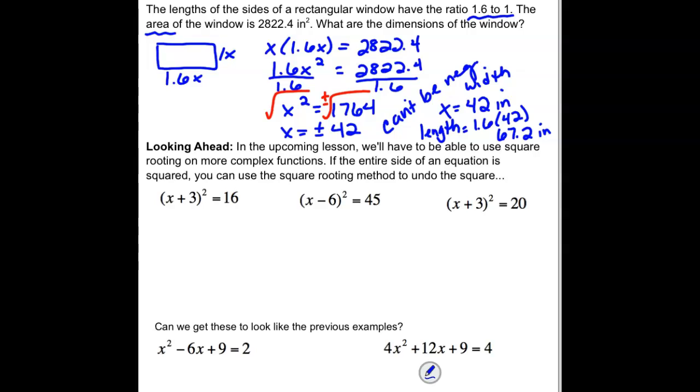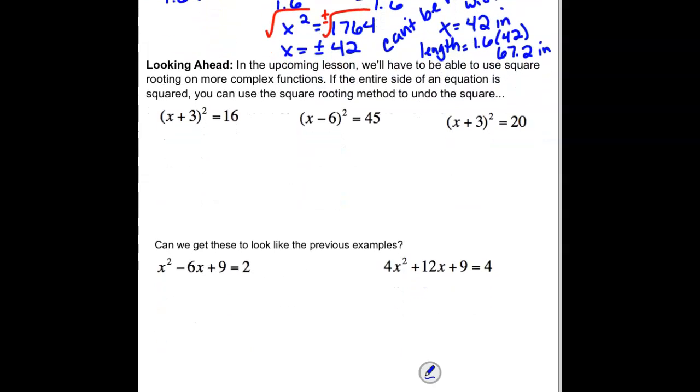All right. Looking ahead, in the upcoming lessons, we are going to have to be able to use square rooting on more complex functions. If the entire side of an equation is squared, we can use our square rooting method just like we've been doing on the other ones. But notice here, it's not just a plain x squared equaling 16, it's a quantity.